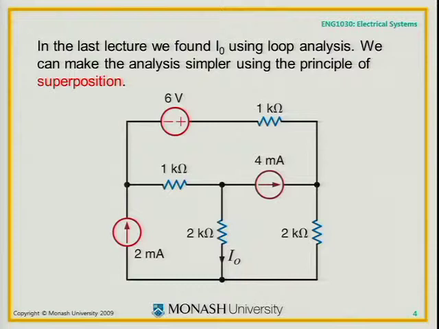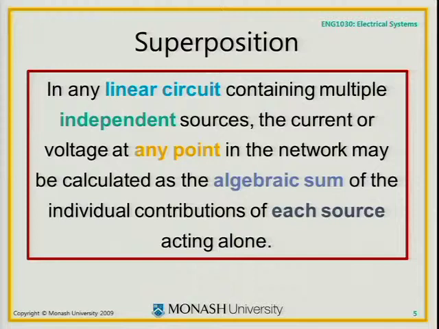What does superposition tell us? It basically says you can look at each source one at a time. You can look at all the independent sources in the circuit and analyse them one at a time with all the other ones set to 0. That's what superposition says.